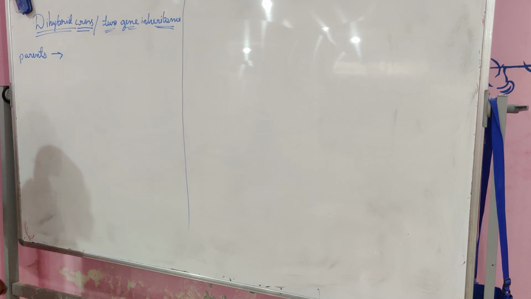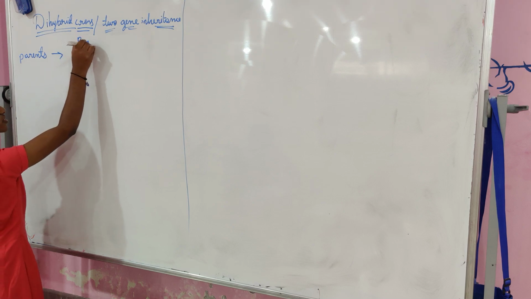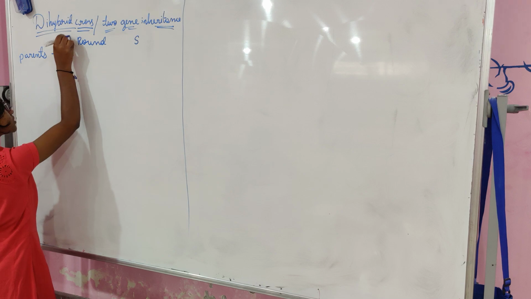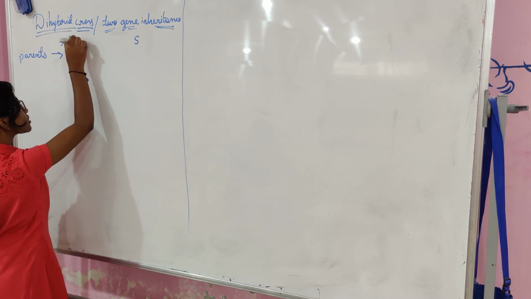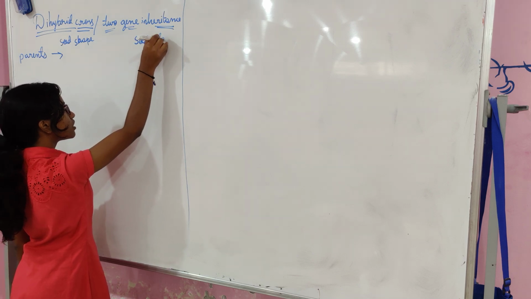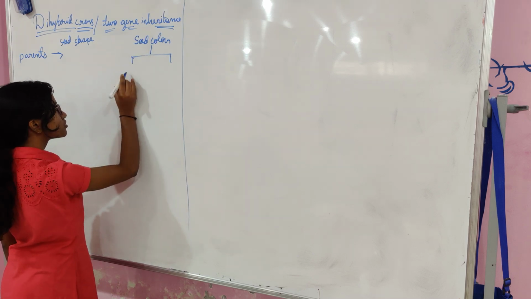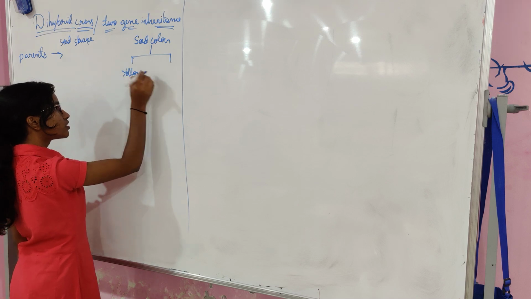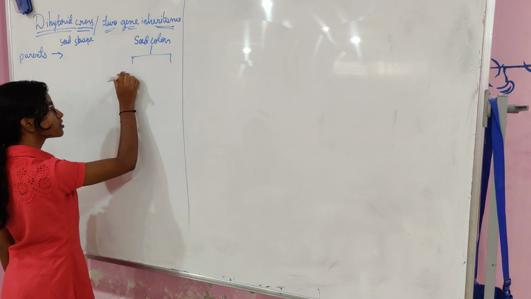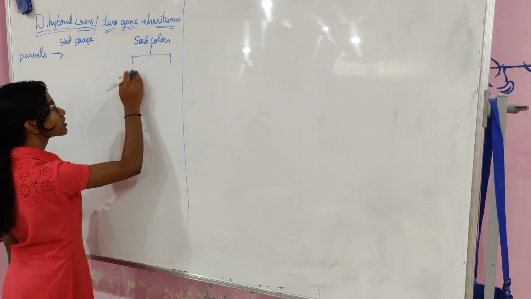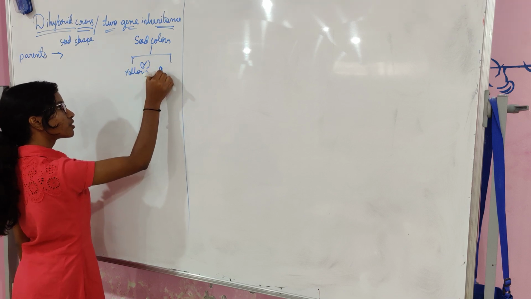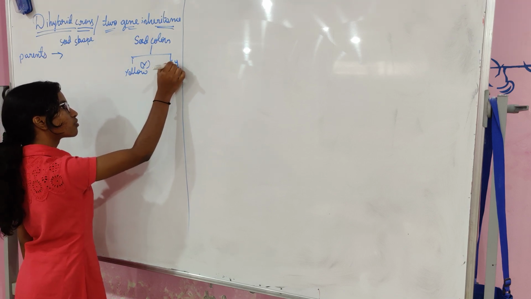In this, his parents were with the characters seed shape and seed color. In seed color we have two, yellow and green. Yellow we write with capital Y and green with small y.